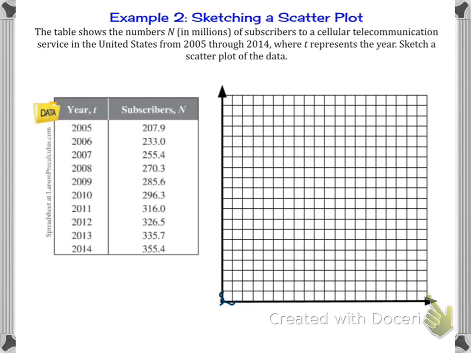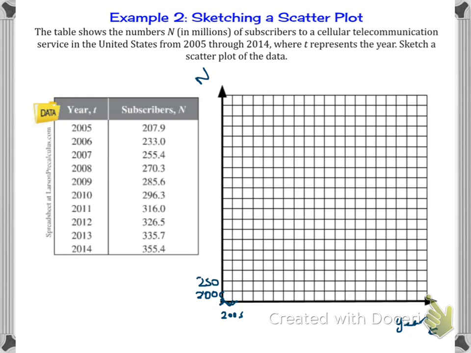So you do a little break in the graph just to show you're breaking it. You could say this first one is 2005, and then you go forth and label the rest on the x-axis, right? So that's our year, and that's T. Then our subscribers N will be here, and so maybe we want to start at 200 and then go to 250 and just go by 50 increments.